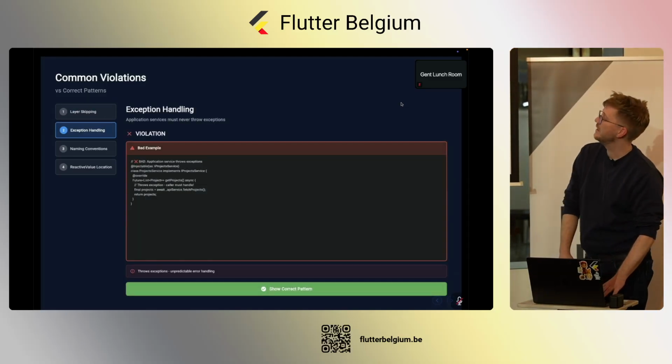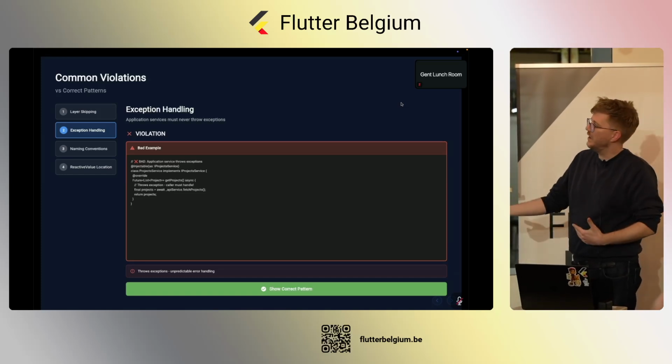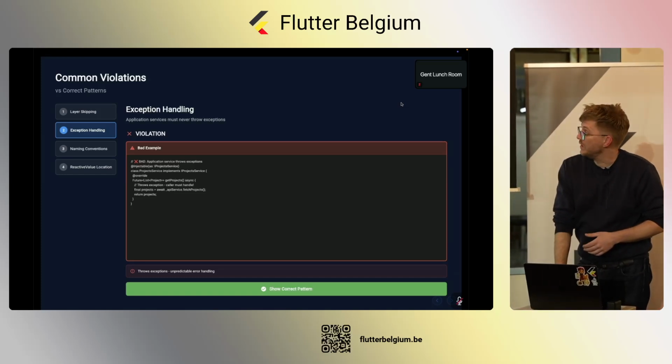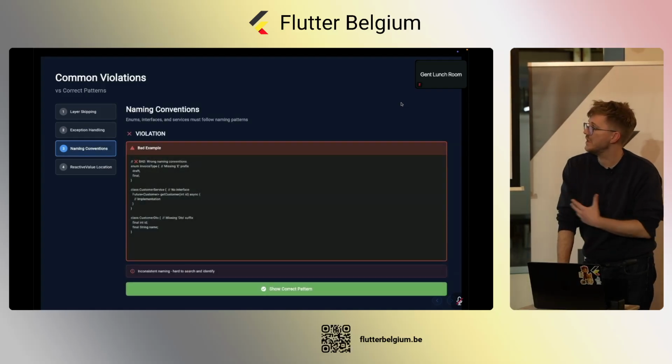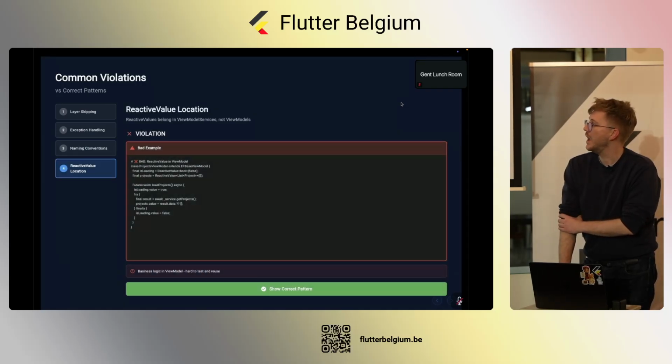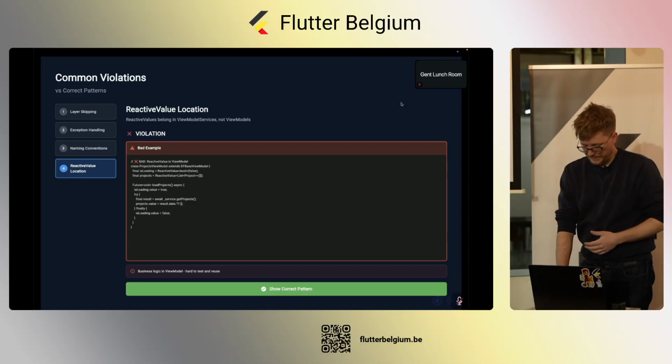The exception handling, same thing. We learned it along the way. Now everyone just does it, so it's never an issue anymore. Naming conventions, it's created a lot more consistency having them enforced. Reactive values, it's just everyone learning also the patterns that are there.